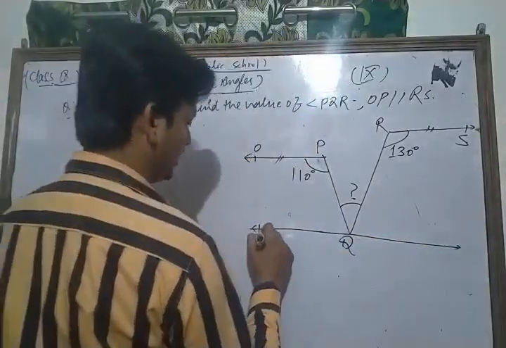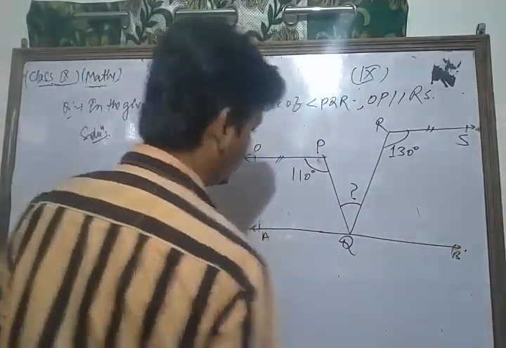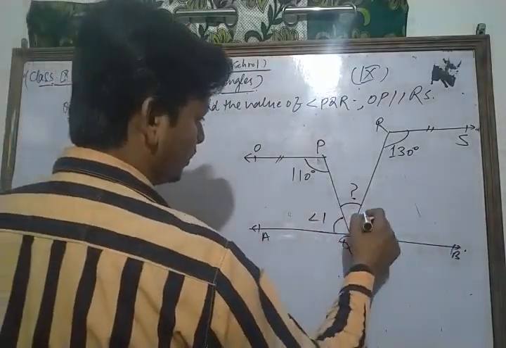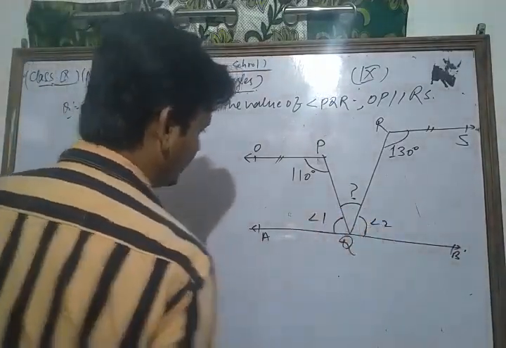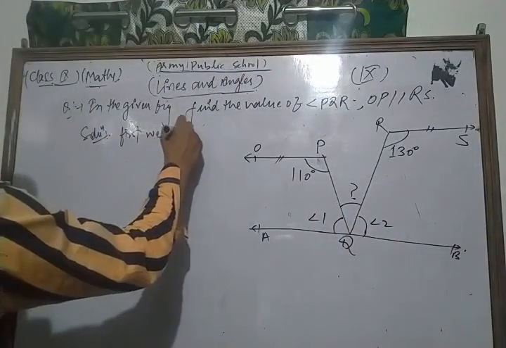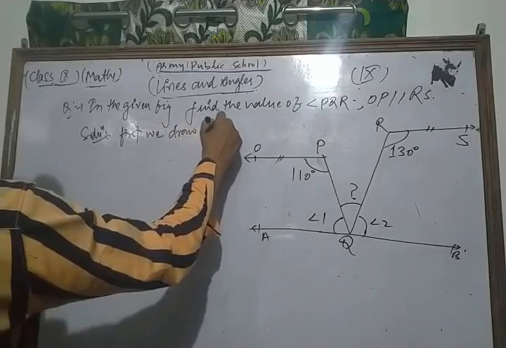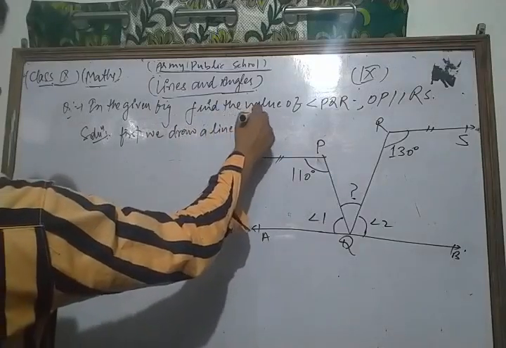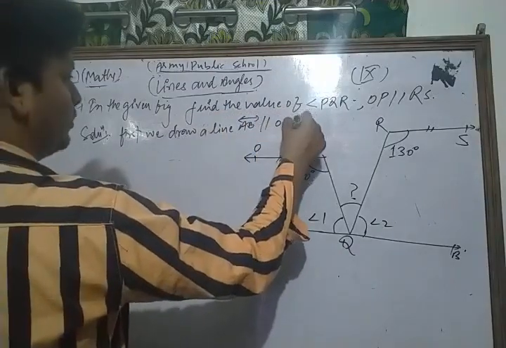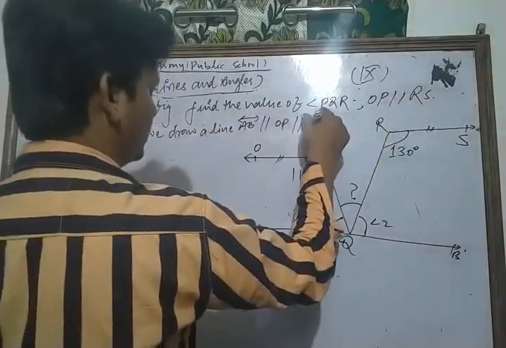Dear student, first of all, we draw a line AB through Q, which is parallel to OP as well as parallel to RS.